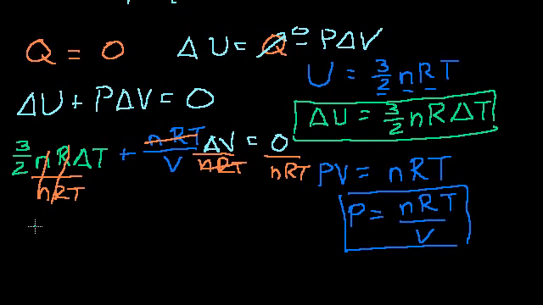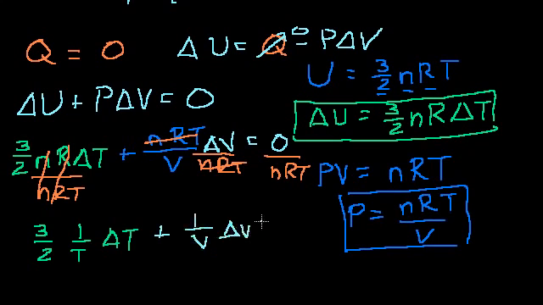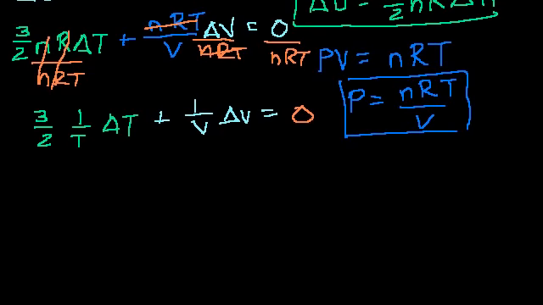We're left with 3 halves times 1 over T delta T plus 1 over V delta V is equal to, well, 0 divided by anything is equal to 0. Now, we're going to integrate over a bunch of really small delta T's and delta V's.